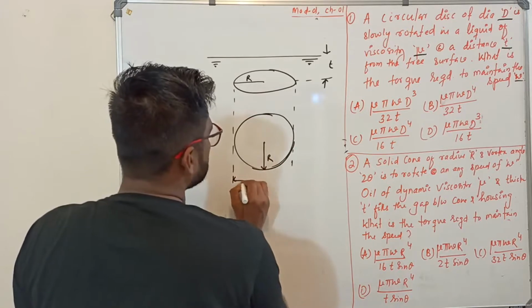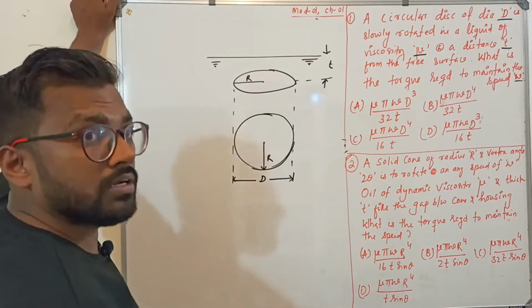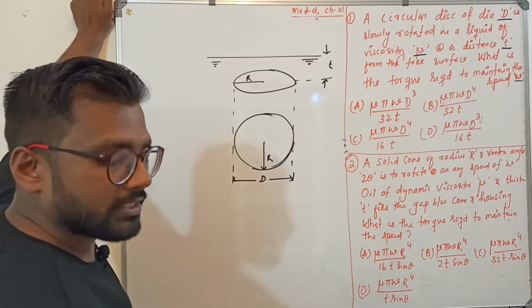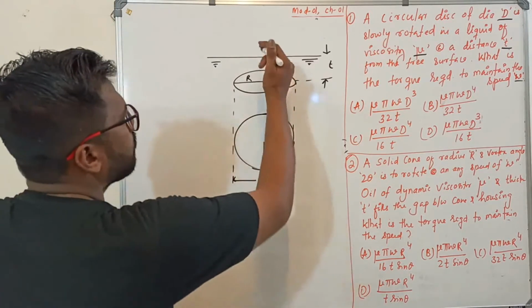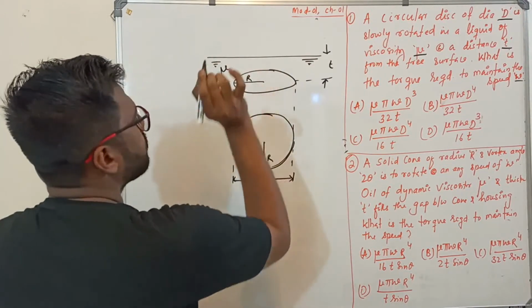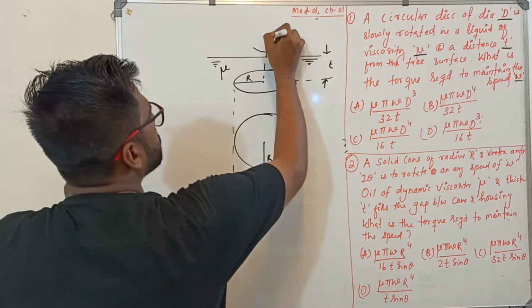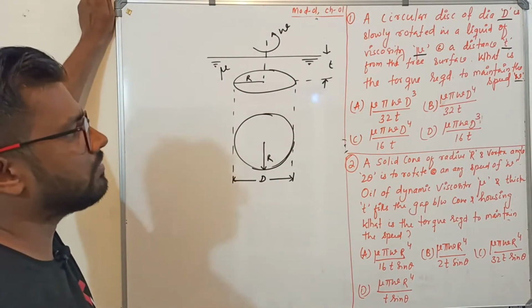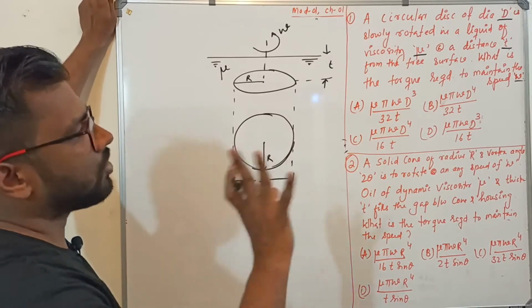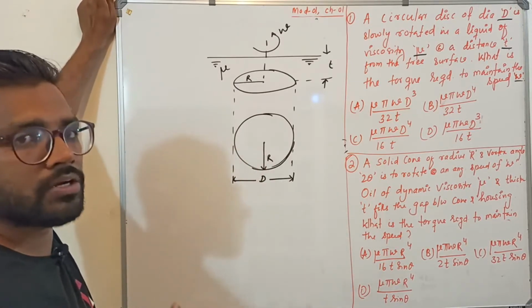The diameter is capital D. The viscosity of this fluid is given as mu, and this disc is rotating at an angular velocity of omega. The question is, what is the torque required to maintain this speed?